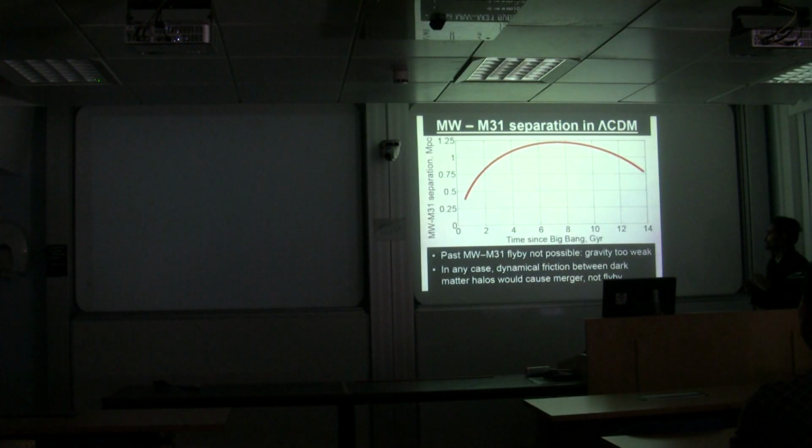So in lambda-CDM, the Milky Way-Andromeda trajectory is just like this. You could raise the mass, but you can't really get a fast flyby. The reason is when the galaxies get very close, because of their dark matter halos, they would just merge. So this is basically what has to happen in lambda-CDM. You can't really invent a flyby there.